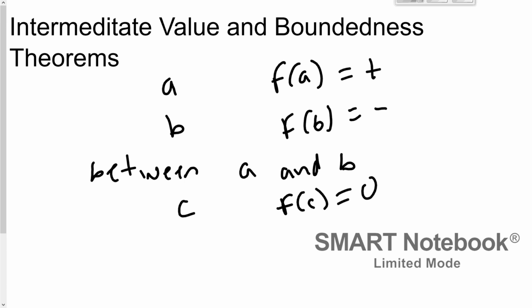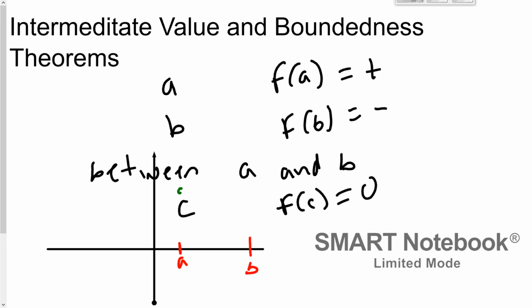So basically, if we draw that out, we might have our graph like this. Here could be a, here could be b. If we get some positive value for y at a, maybe somewhere up here, and we get a negative value for b, somehow our graph has to, if it's continuous, say it's a polynomial, cross the x-axis here.